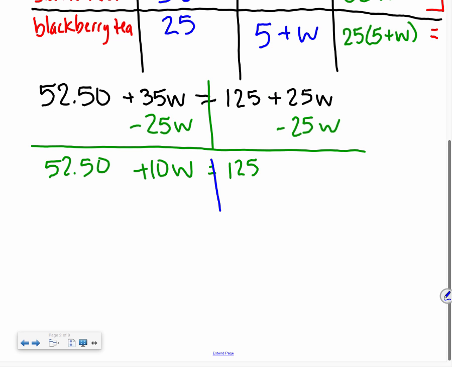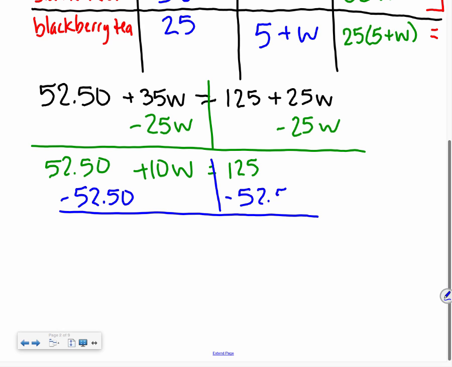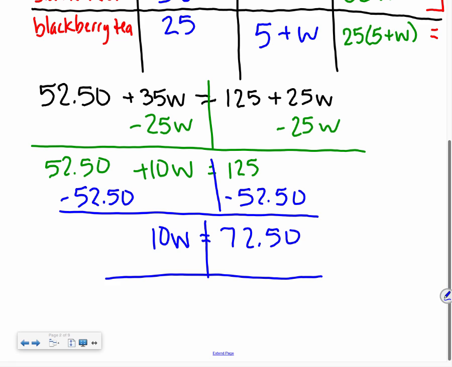And if I keep going and subtract 52.50 from both sides, I'm left with my variable being alone on one side, and 125 minus 52.50 is 72.50. And to get W all the way by itself, I just have to divide both sides by 10. I'm going a little faster through this because we've been doing a lot of this lately, and I'm more concerned with setting up the table and setting up the problems, okay?